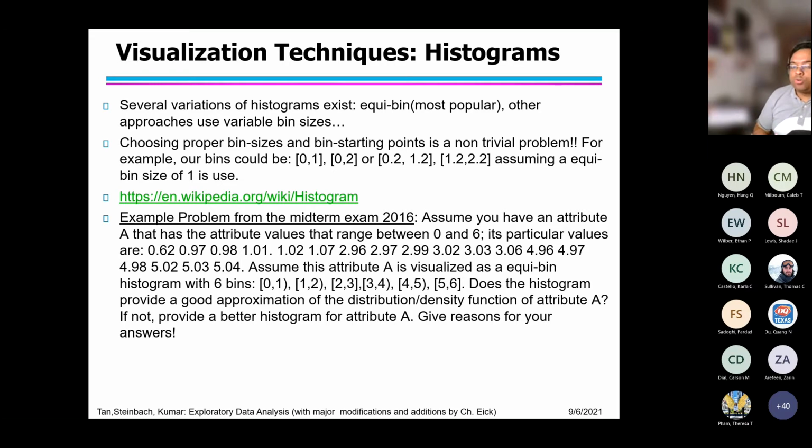What does it mean for you to change the size of your bin, and things like that, right? So yeah, it won't be a very difficult question. Don't worry. These are going to be very obvious answers, but once again, you need to understand what you're trying to show in a histogram, essentially.